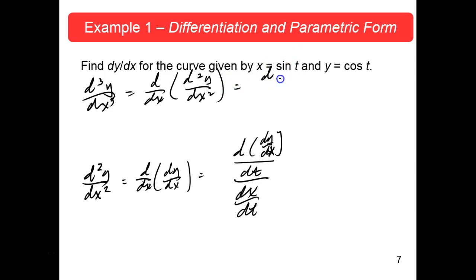D by d2y dx squared by dt over dx dt. Okay? And that's exactly what they got. Okay. Now, any questions on those?